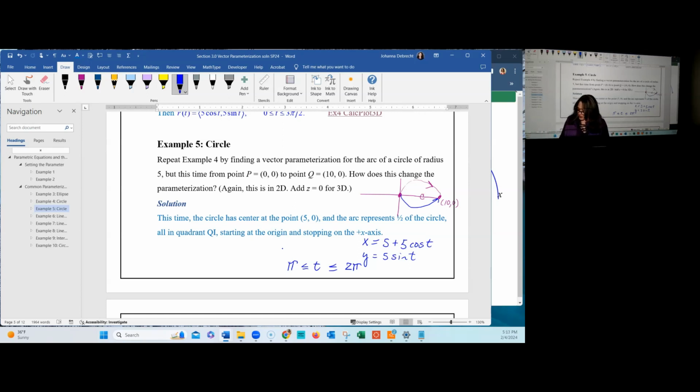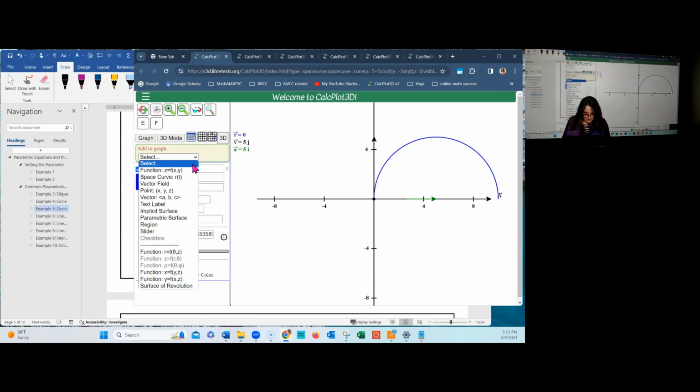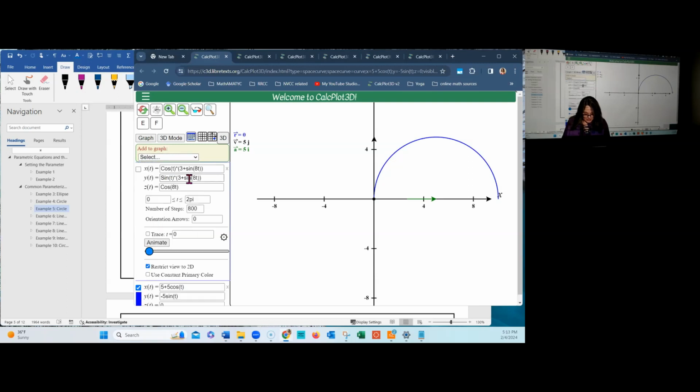So let's plot this one. Since I didn't plot this one, let's plot it and see how it goes. So I'm going to click on select, and I'm going to add a space curve. And it's this one. You can see it's preloaded. And what I want is, again, 5 plus 5 cosine t. Make sure you use parentheses around the argument to all trig functions and all natural logs for CalcPlot3D.